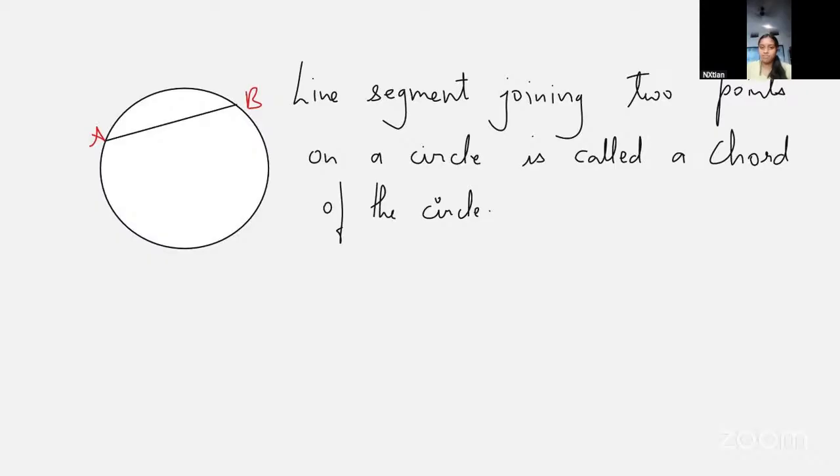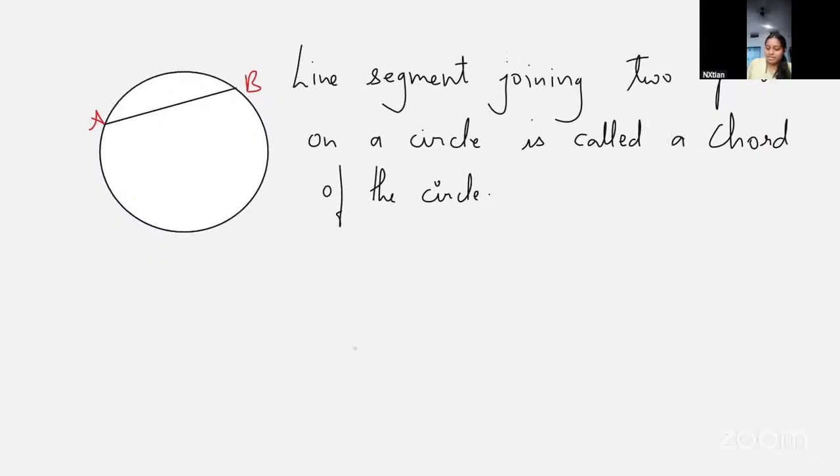Yes, Aditya. Ma'am, so a chord is a line segment joining 2 points on a circle without going through the center, right? Yes, that's right. It does not start from the center or pass through the center. That is a chord. Yes, Johanna.